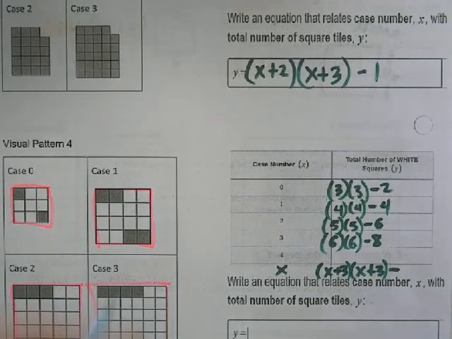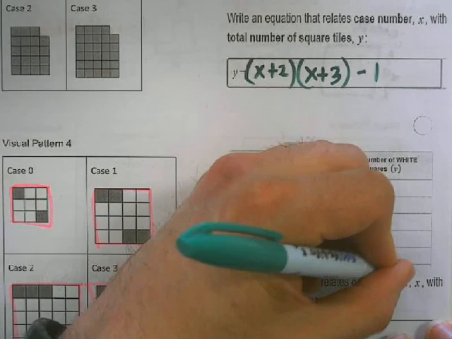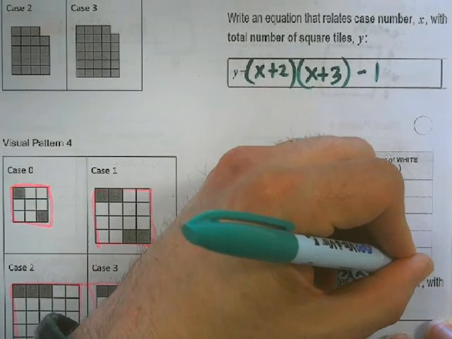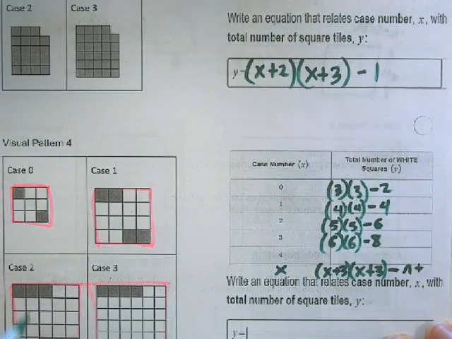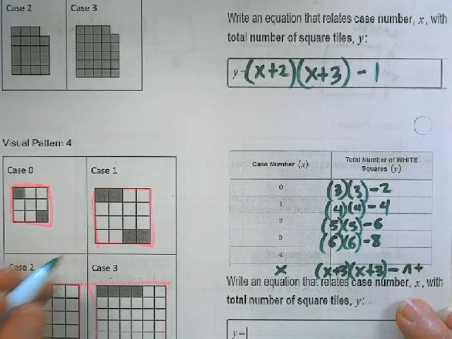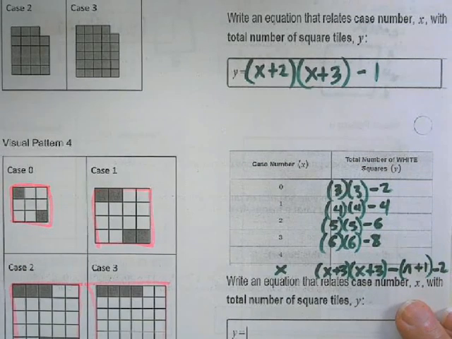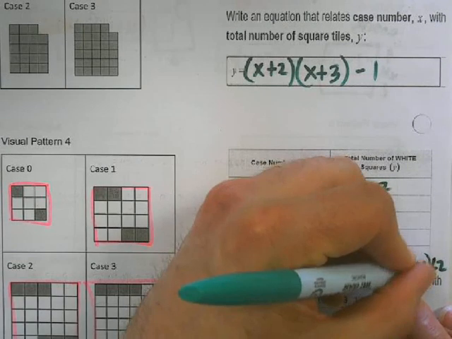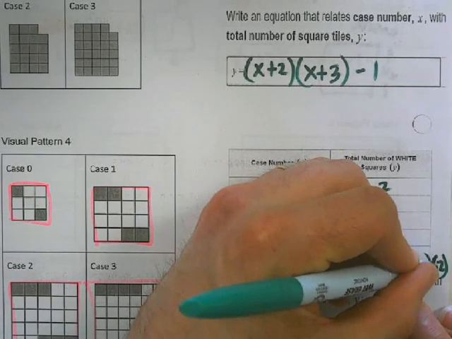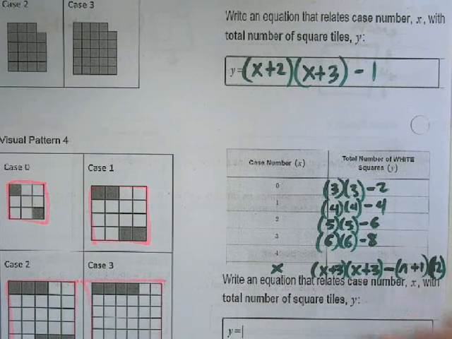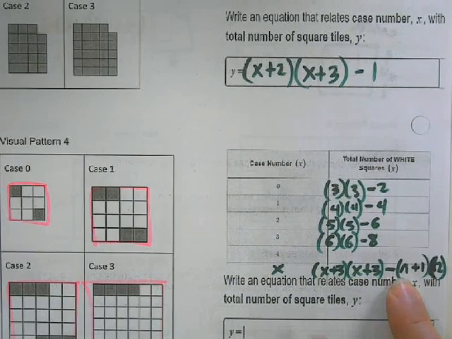We're taking away n plus 1 minus 2. Oops, times 2. Let's see, does that make sense? Why am I using n? x.